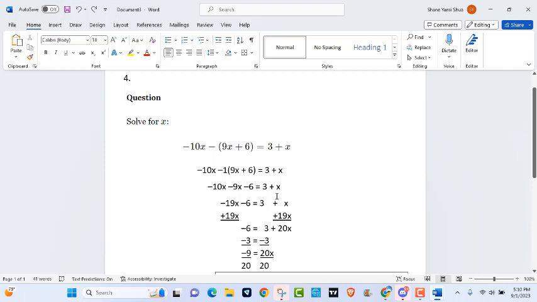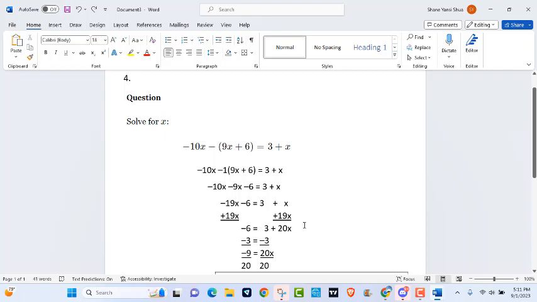So since this is a negative, I'm going to make it positive. I'm going to add 19x on both sides of the equation. So adding a negative 19x with a positive 19x, they're going to cancel each other out and leave me the negative 6 on the left side. Here, if I add the positive 1x with the positive 19x, I now have a positive 20x on the right. So it says negative 6 equals 3 plus 20x.